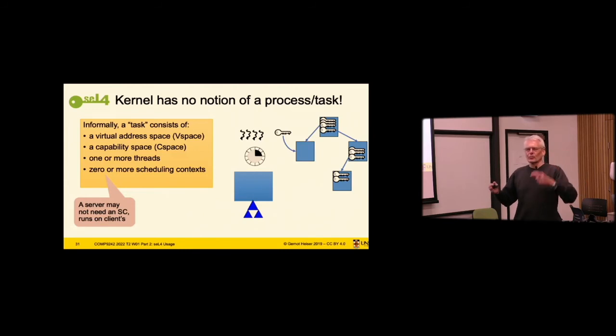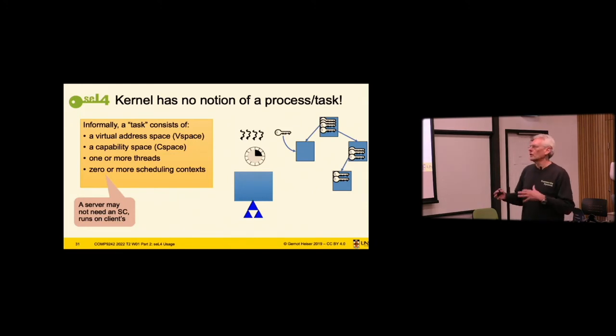It can't get to the point where it does receive on the endpoint unless it has been given a scheduling context. You can do that in various ways, for example, giving it a scheduling context and then revoking it later. Or notifications can also be associated with a scheduling context, and if you receive from a notification, you still need to be able to receive.